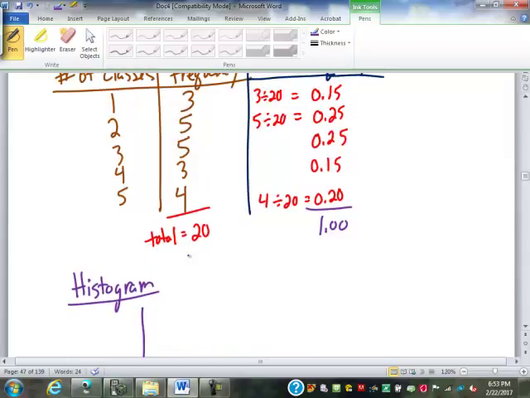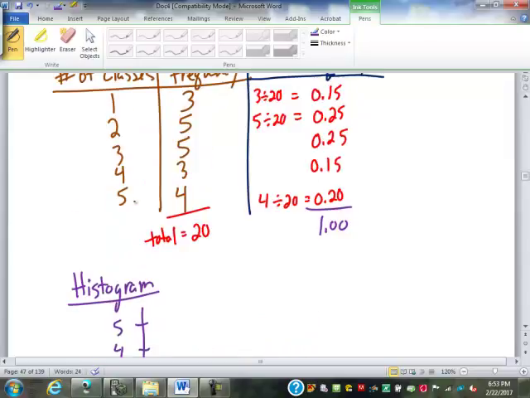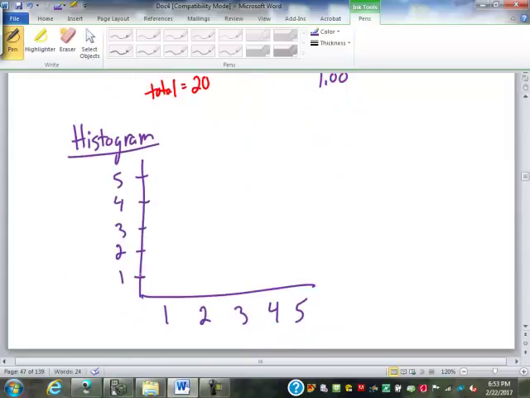Our largest number was a 5. So we're going to go 1, 2, 3, 4, 5. Oops, I got to go a little bit wider. It helps if I divide these up.